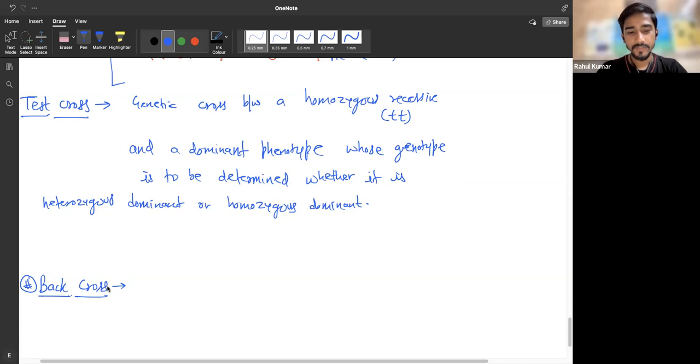So write down back crossing is crossing of a hybrid offspring with one of its parents, or another organism which is genetically similar to its parents. That's called back cross.